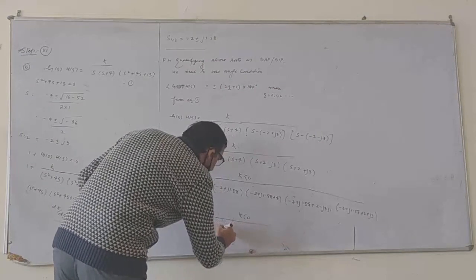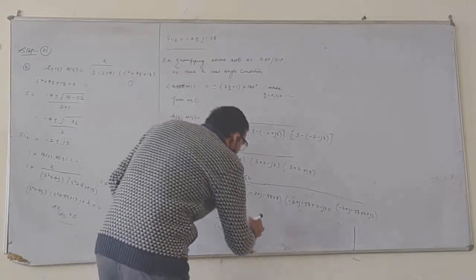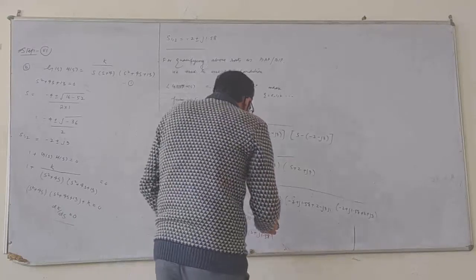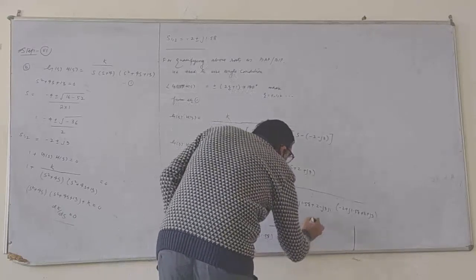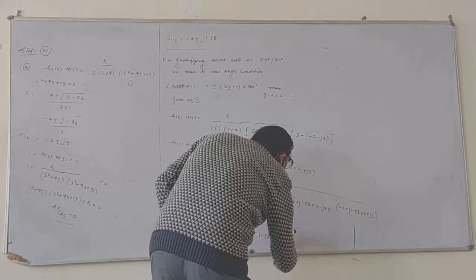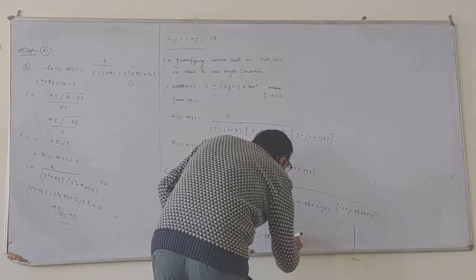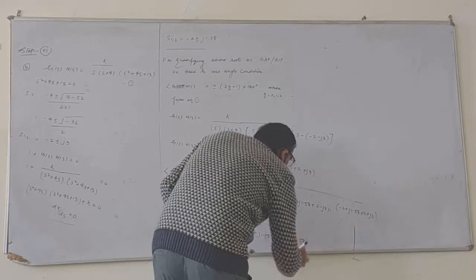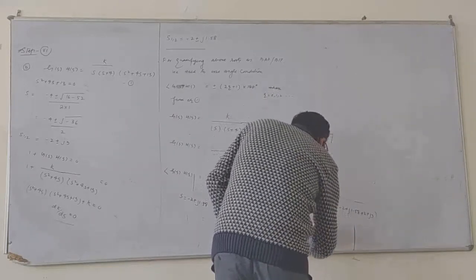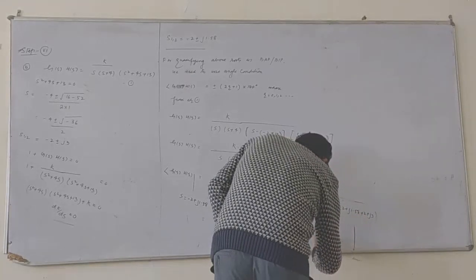The 2 and 2 cancel, so this will be j4.58. Then we add minus j3 plus j1.58, which gives minus j1.42. The 2 and 2 get cancelled, leaving j4.58.